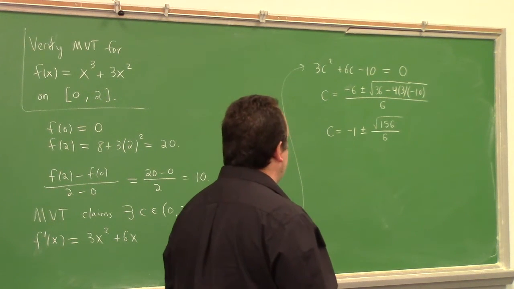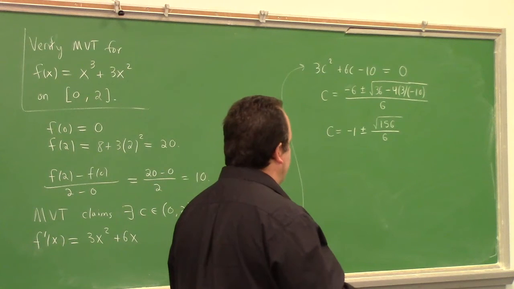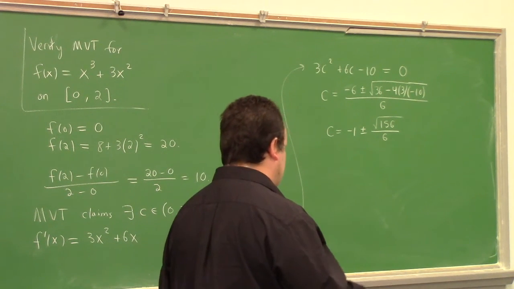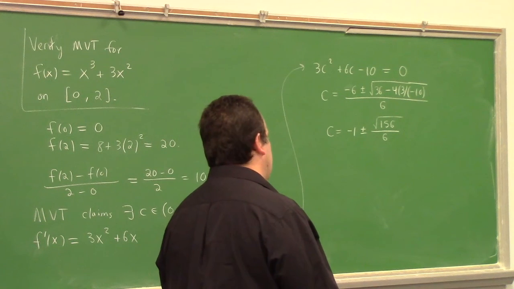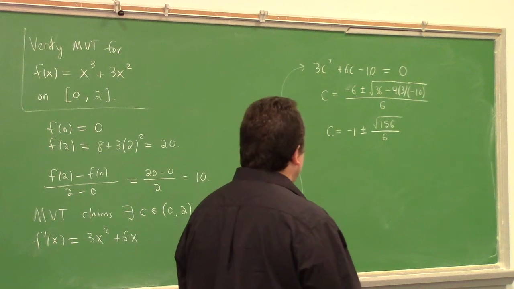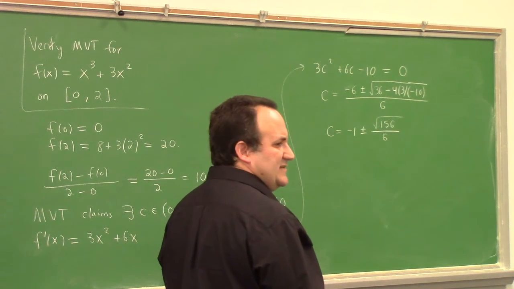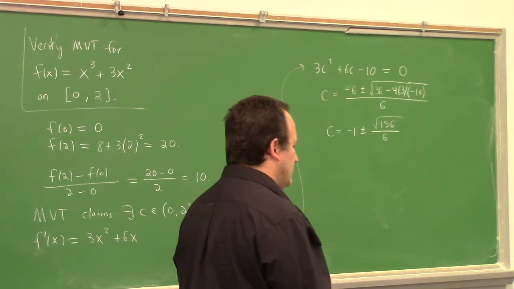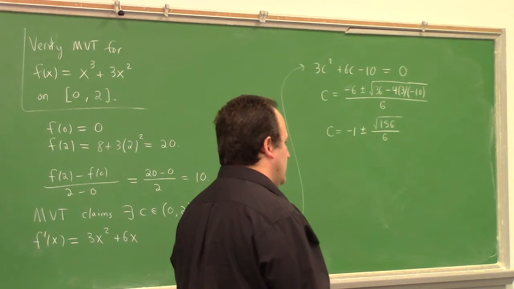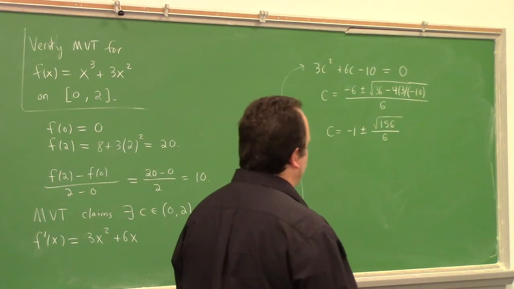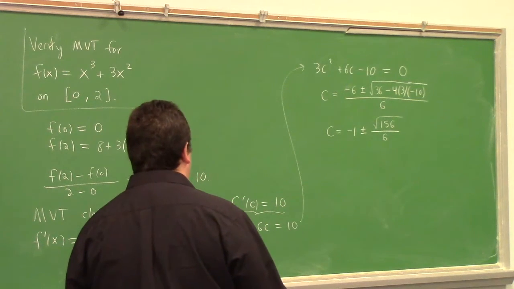I think 4 times 3 is 12. 12 times 10 is 120. Minus minus gives me plus. 120 plus 36 is 156. The square root of 156 is... I think it's 2 root 39. I think 156 is 4 times 39.